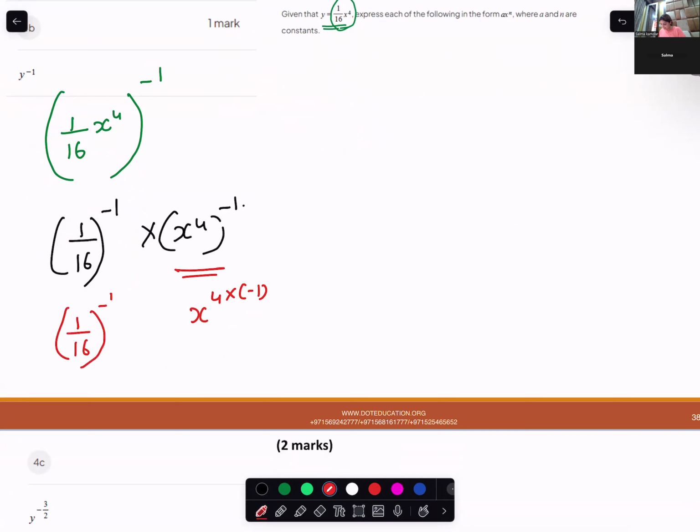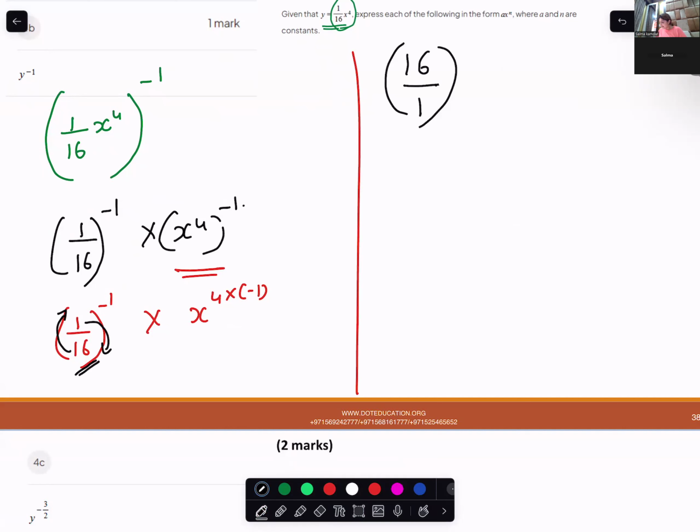So now, if you know the law of indices says that when the power is negative, negative means reciprocal. You give the same power, you reciprocate it, and the power becomes positive. So 1 by 16 raised to minus 1 is nothing but 16. Reciprocal. 16 goes up, 1 comes down.